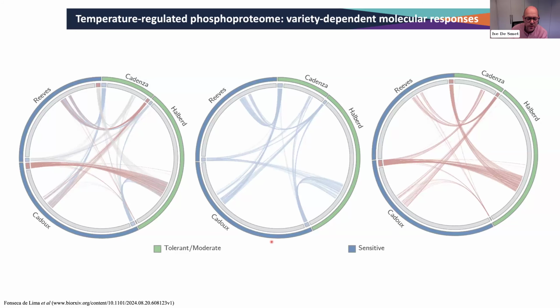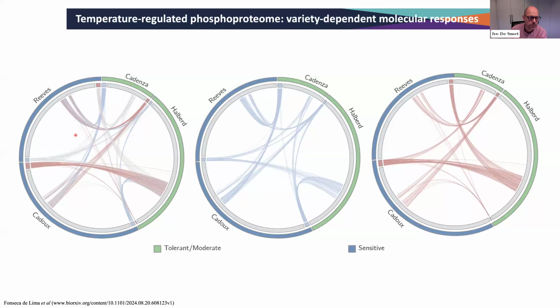Most intriguingly, when we plot the individual sites in this circos plot, each of these lines is a distinct phosphopeptide, and the color coding is such that red means upregulated, blue means downregulated upon the temperature change, and the gray bar is non-responsive.